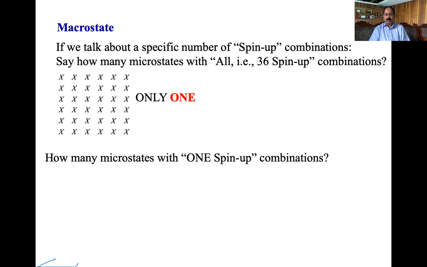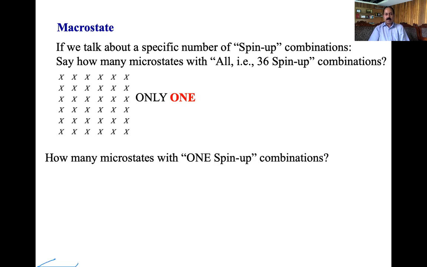Then what is a macrostate? A macrostate means the combination of all microstates subject to maintaining some special condition. When clubbed together, they make one macrostate.